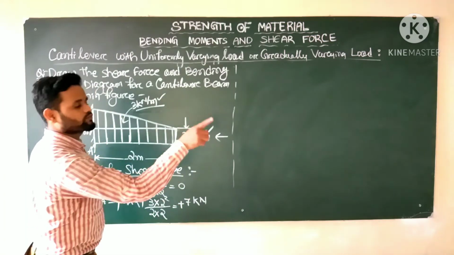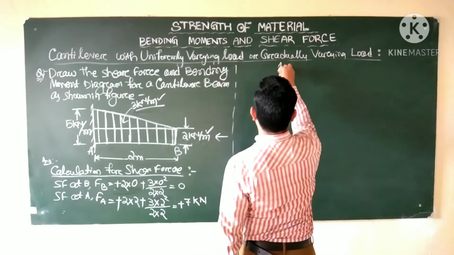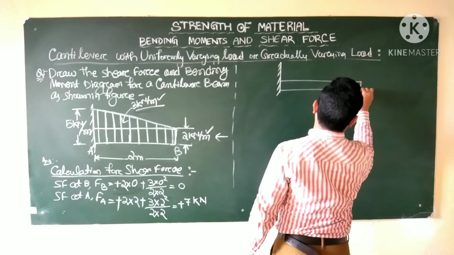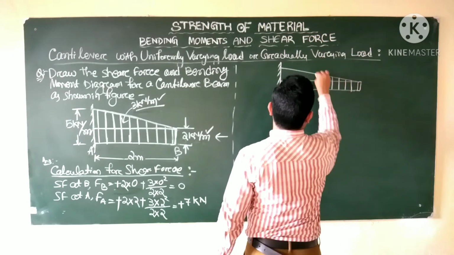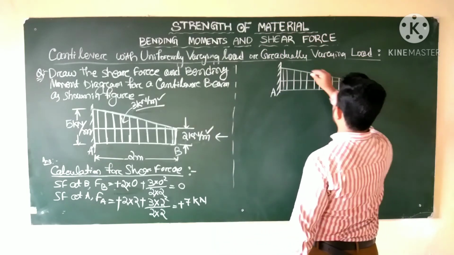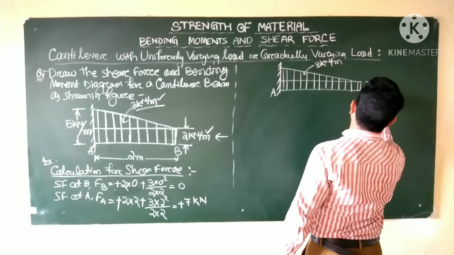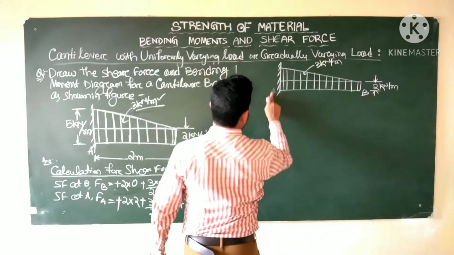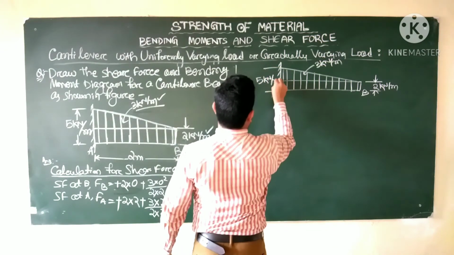Now we will draw the shear force diagram. For that, first we will draw the beam diagram. A, B, this is 3 kilonewton per meter, and this is 2 kilonewton per meter, and the total from the left side is 5 kilonewton per meter.